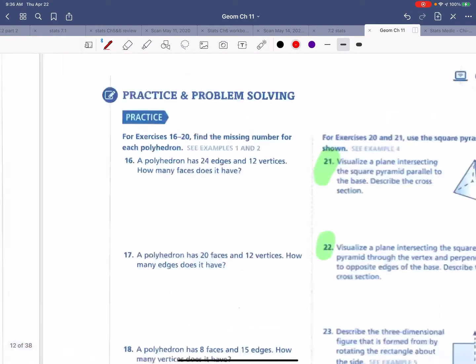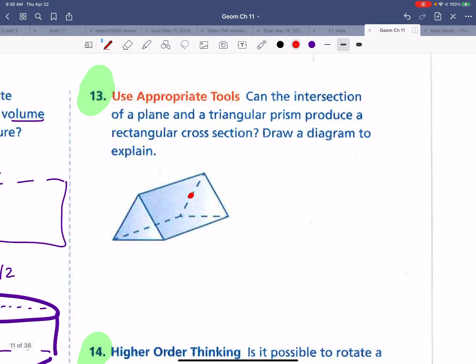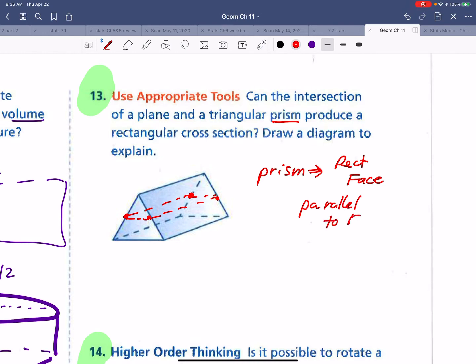Okay, number 13, it says, can you intersect a plane in a triangular prism to produce a rectangular cross section? Yeah, I can pick these 4 points, and this is going to make a rectangle. So prisms have rectangular faces, so anything parallel to a face, you're going to get a rectangle.